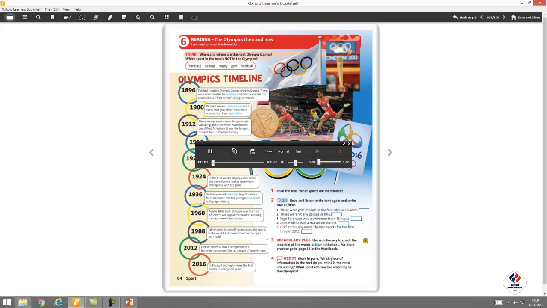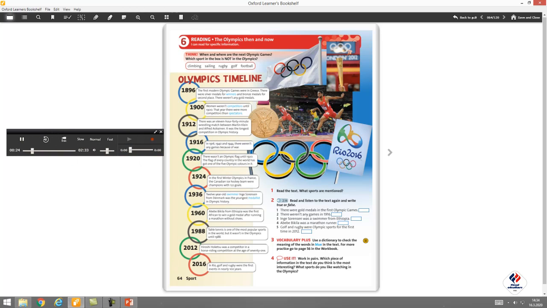Unit 6. Reading. Exercise 2. Olympics timeline. 1896. The first modern Olympic Games were in Greece. There were silver medals for winners and bronze medals for second place. There weren't any gold medals. 1900.